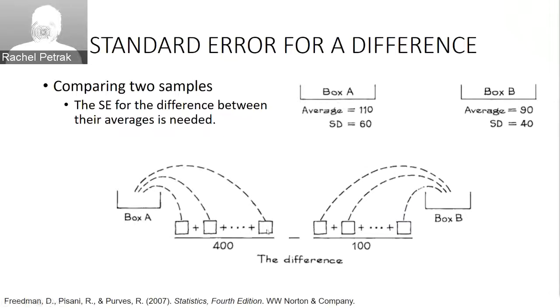Remember, this is just a rubric that tells us the average: value plus value plus value divided by the number of total draws in the data set. So it gives us the average. So we can get the difference between these two averages, and we need to get the standard error for that difference too.